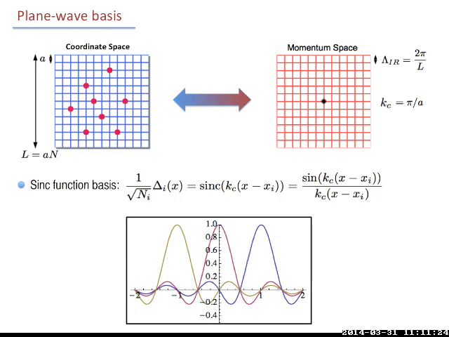Okay, so we're basically just going to be working in momentum space. So we look at momenta below a cutoff K_c. In that case, you can show that these projected delta functions are just the sinc functions, which, as you can see, are localized about discrete points in coordinate space, and they have nodes at all of the other points in the basis.